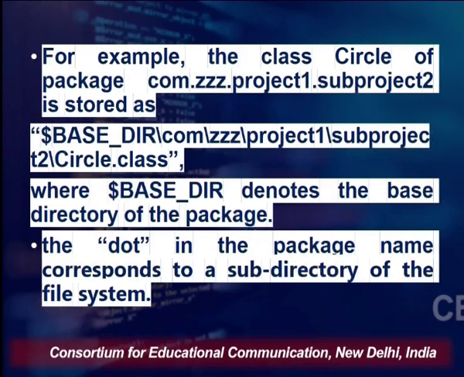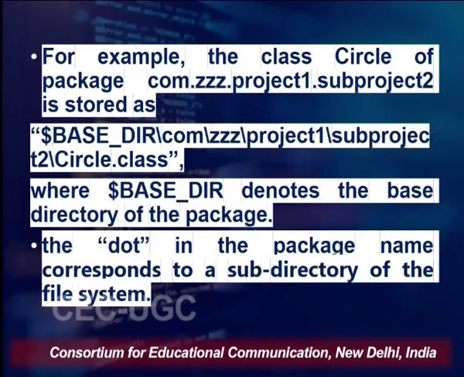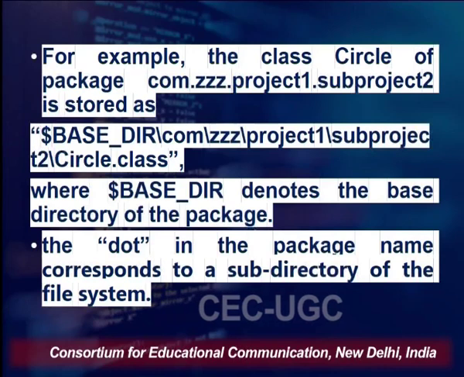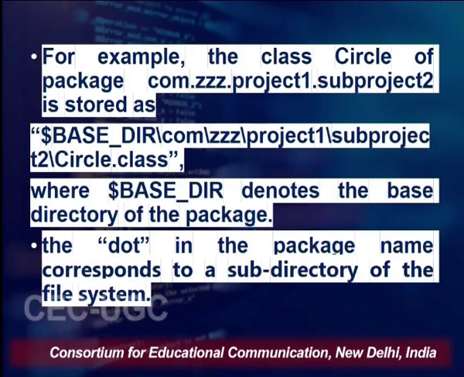So, in packages, when we say dot, for example java.util.*, the dot in the package name corresponds to a subdirectory of the file name. When we talk about the directory structure, it will be base directory /com /zzz /project1 /subproject2 /Circle.class.